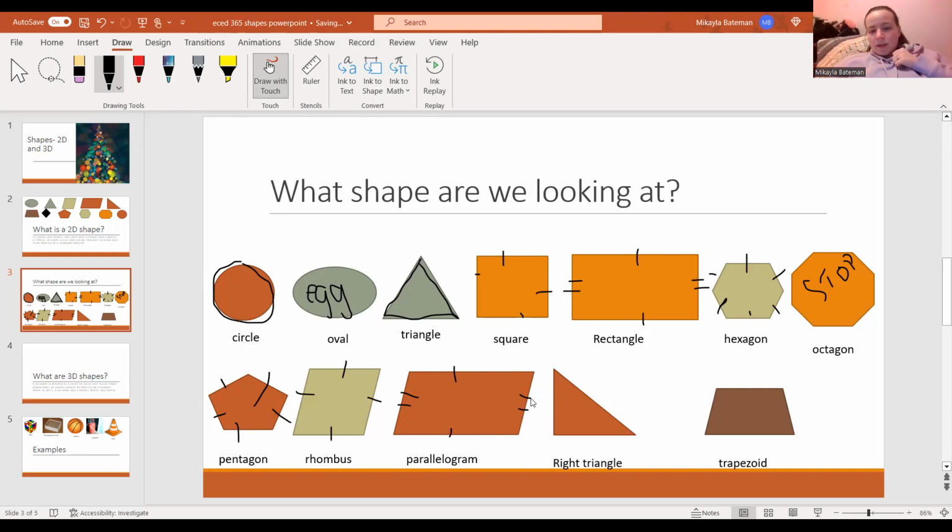We have a right triangle, which is kind of like a regular triangle, except that it makes a right angle in the corner, which is a 90-degree angle. And last we have a trapezoid, which has sides that are equivalent here. And that is a trapezoid.